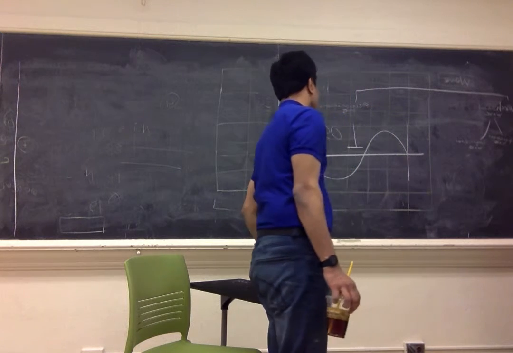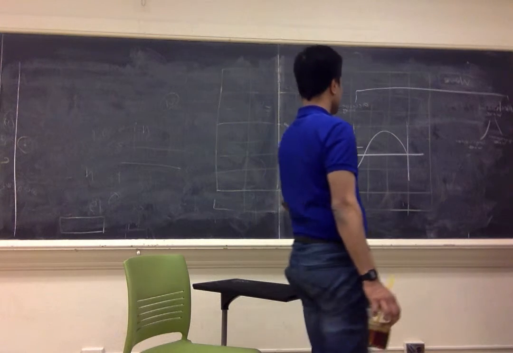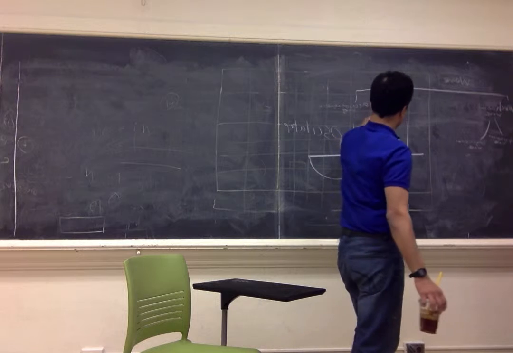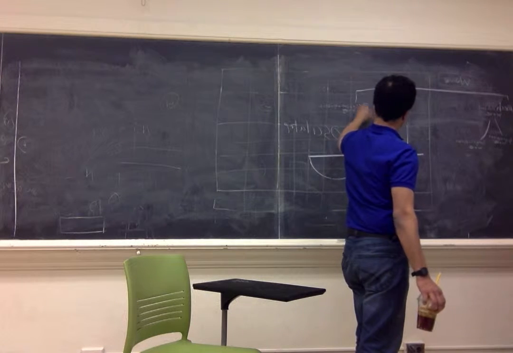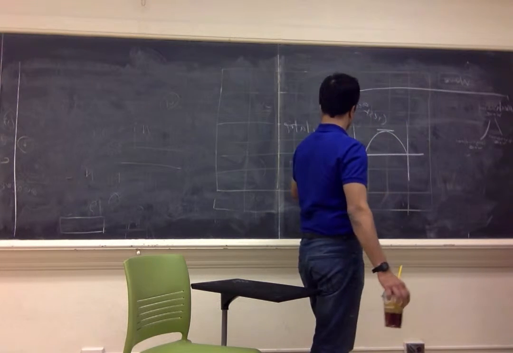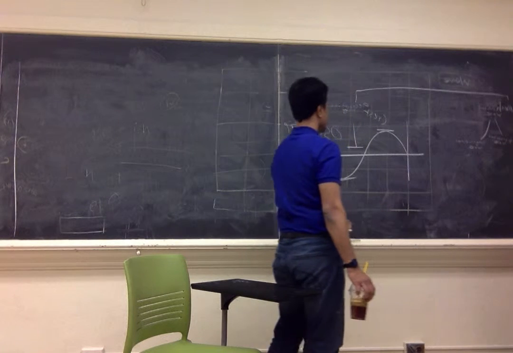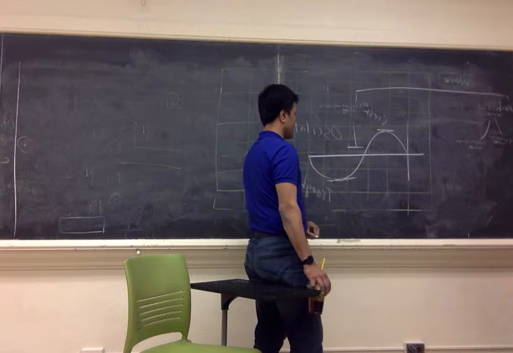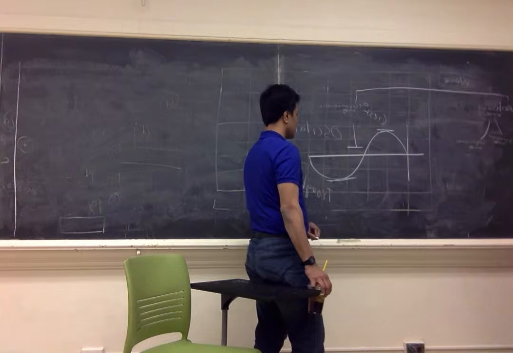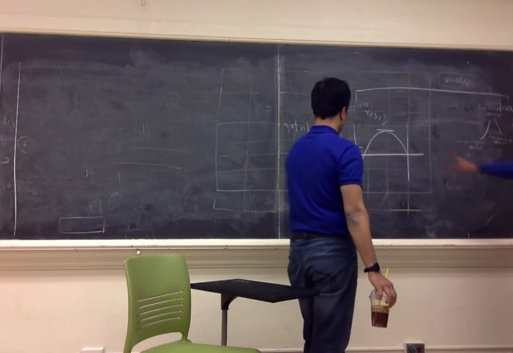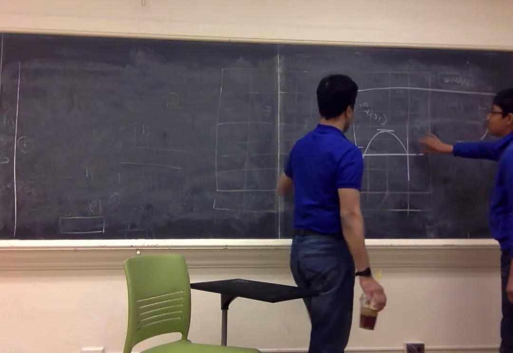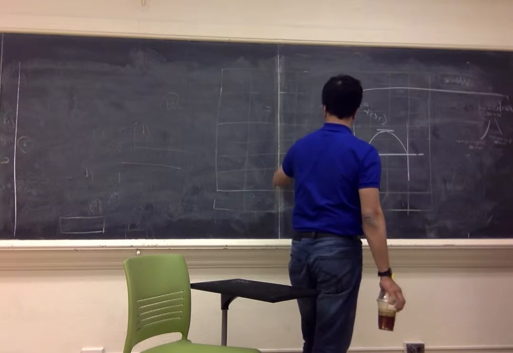Now, how can you measure the wavelength? What do you call this guy? Crest. What do you call this guy? Trough. So, what is a wavelength? The distance from the crest to the trough. No. It's from here to here.